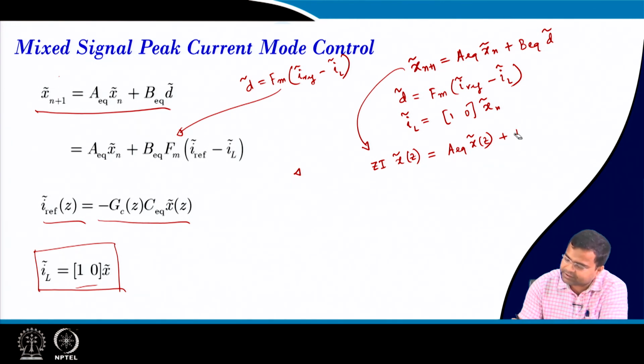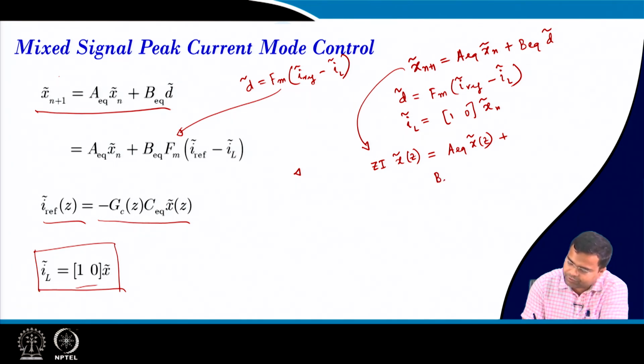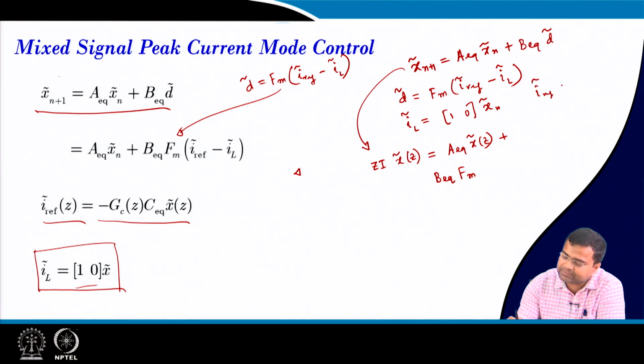Let me write this term below. So it is B equivalent into Fm. Now, what is Iref(z)? Iref(z) is minus Gc into C equivalent into X(z).